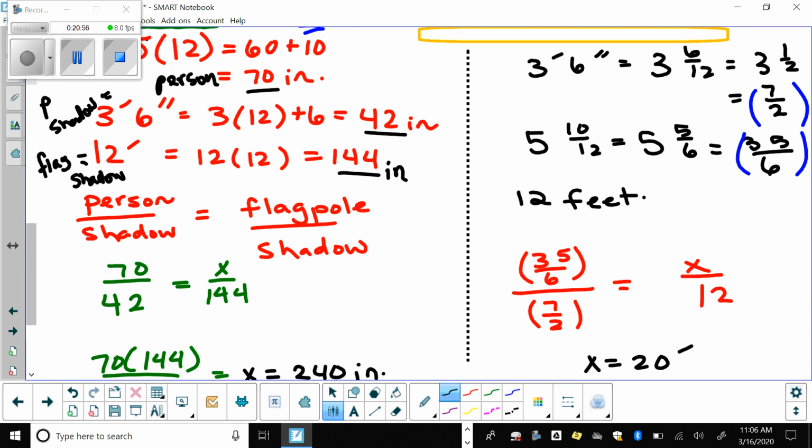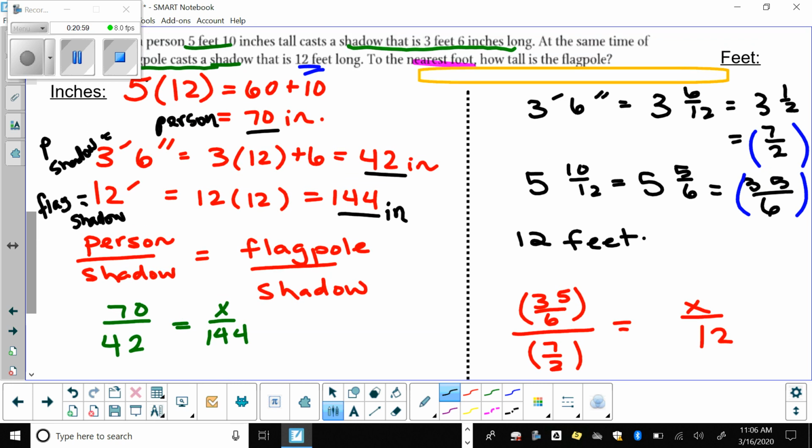I am dividing the person's height over the person's shadow, and it is equal to the flagpole's height, which we don't know, hence I'm calling it X, over the flagpole's shadow, which was already conveniently given to us in feet.